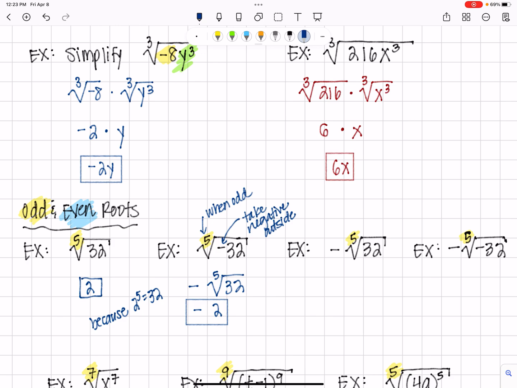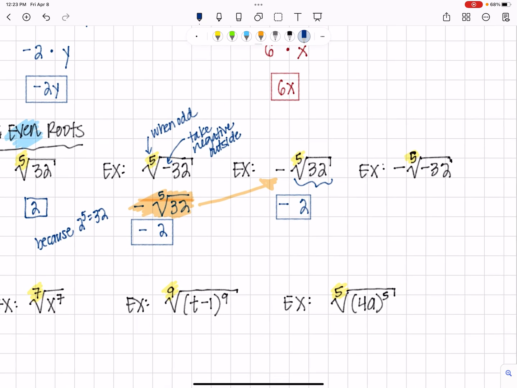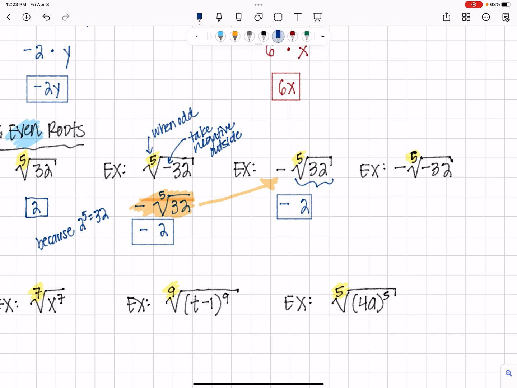And here, look at this. The negative fifth root of 32, or the opposite of the fifth root of 32. And that's what we have right there. Same exact thing, the opposite of the fifth root of 32. Well, that's going to be the opposite of 2. And then we've got a double negative. So now we're going to put it all together.